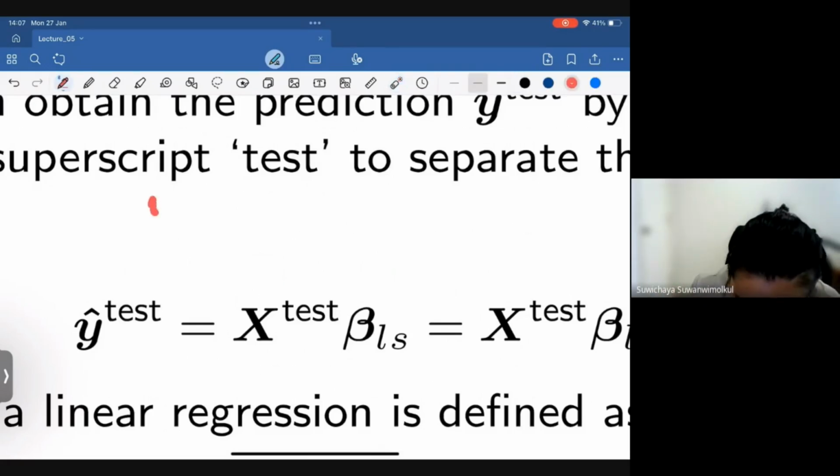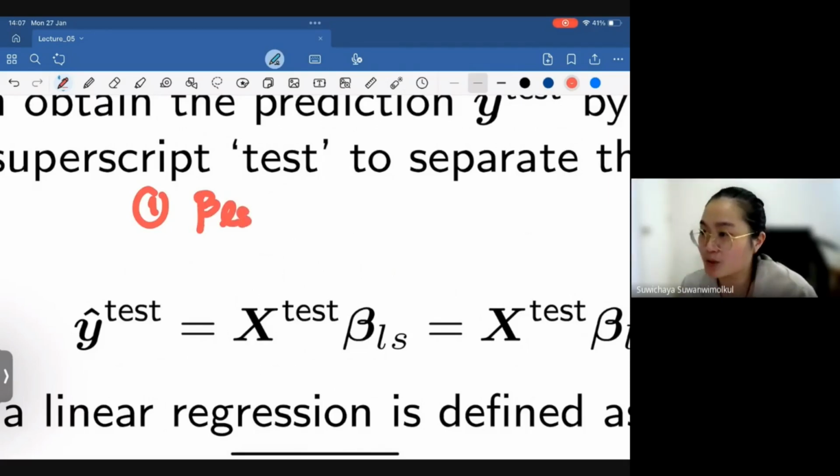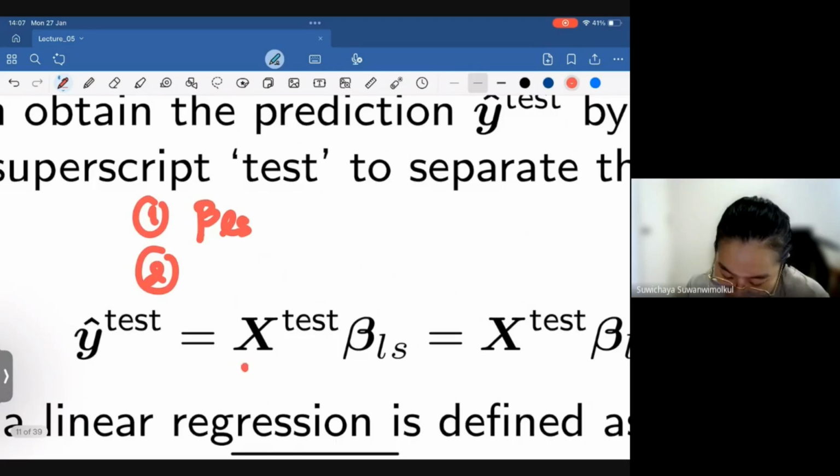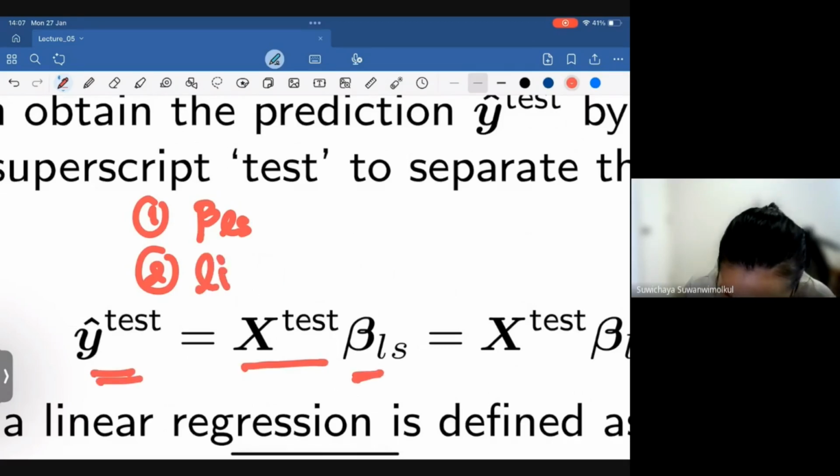First, we assume that beta ls is the best possible that we can get from learning. And second, we assume that the relationship between x test and y test is exactly linear.